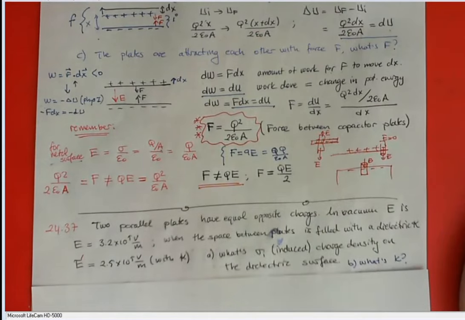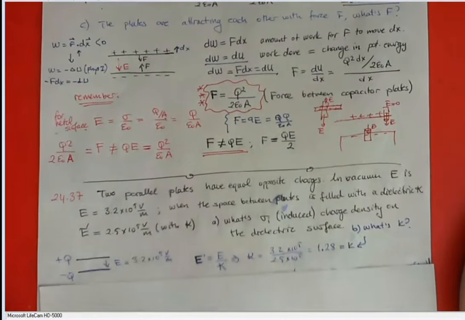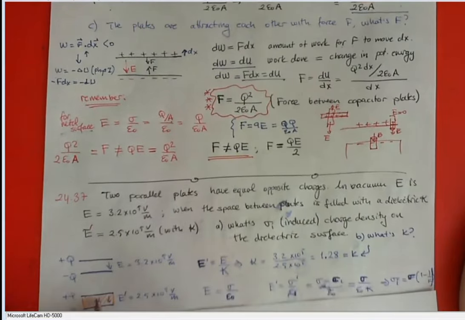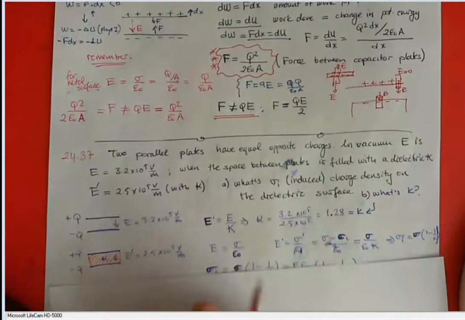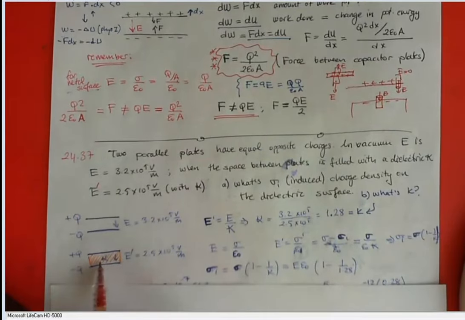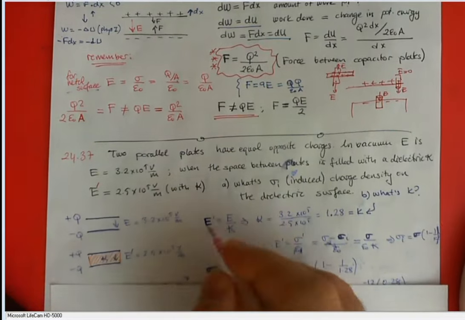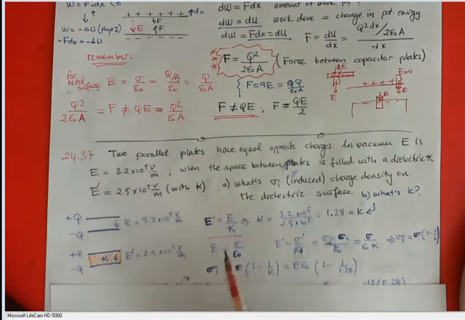All right, initially it's this field, and then finally it was filled with a dielectric with a kappa. So this E prime is lower than the field in vacuum. We know that E prime is equal to the initial electric field value divided by kappa.